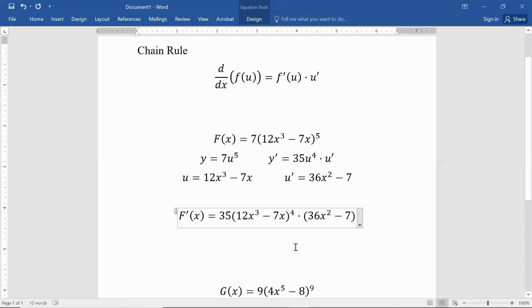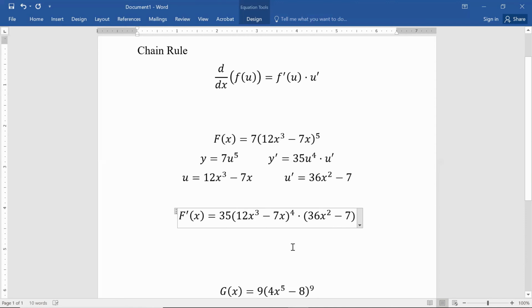Again, order of multiplication is not important. So I could take the 35 and multiply it into this term. I could take this term and write that out front, or this multiplication and write that out front. So order of multiplication is not a big deal so long as we have all three parts.